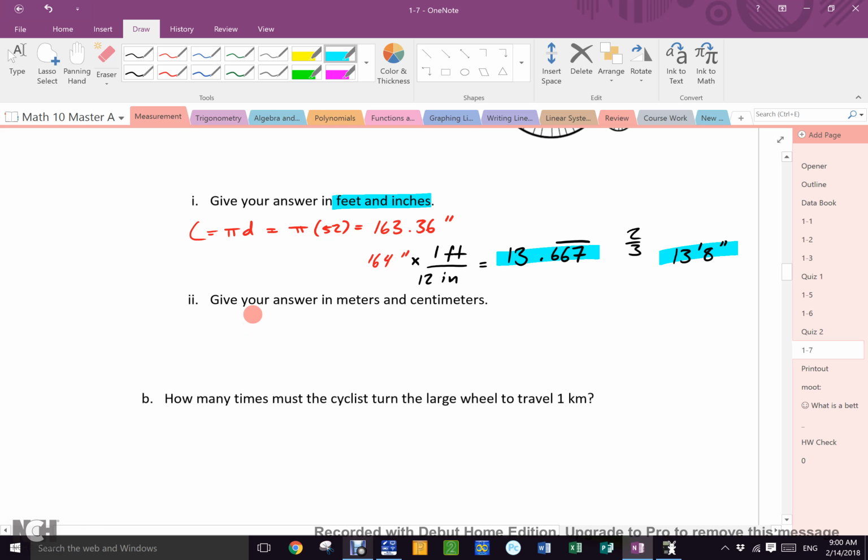Yeah. So I have 13.67 feet, and I want centimeters. And I have feet. What goes where? 30.48 and 1 foot. Numbers on the top, so what do? Multiply.